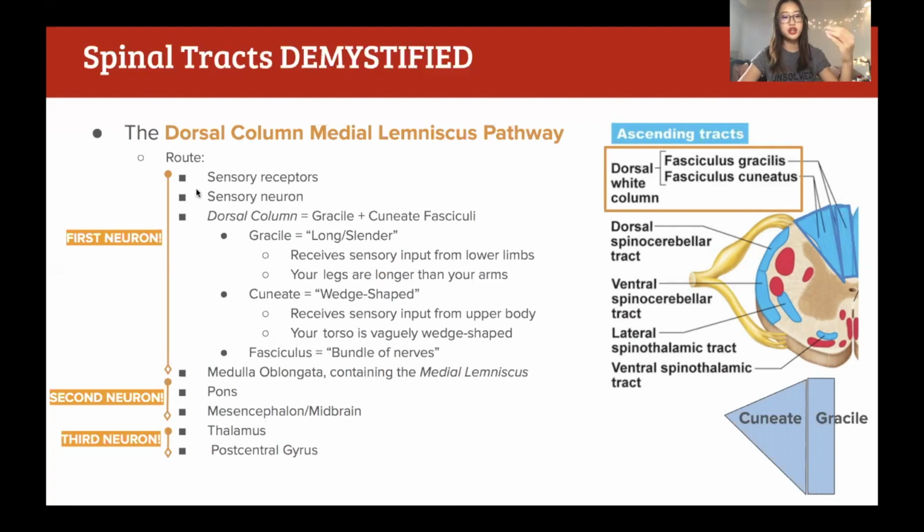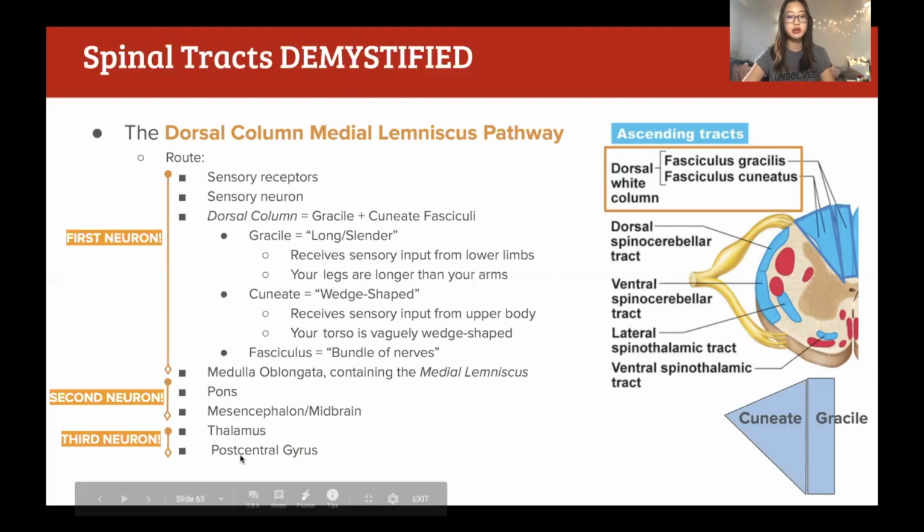So this first neuron goes through that to the medulla oblongata, which contains the medial lemniscus. So now you can kind of see the terminology beginning to take shape. So we have dorsal column, which is where these neurons run in your spinal cord, and we have the medial lemniscus, which is where the neurons run in your medulla. So this is part of your brainstem. So then we have the pons.